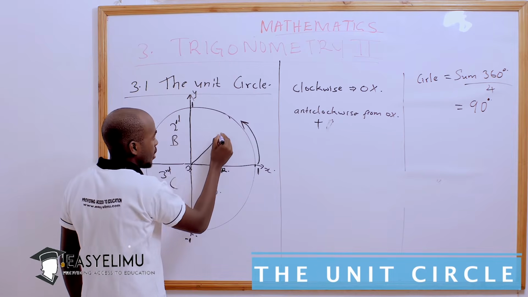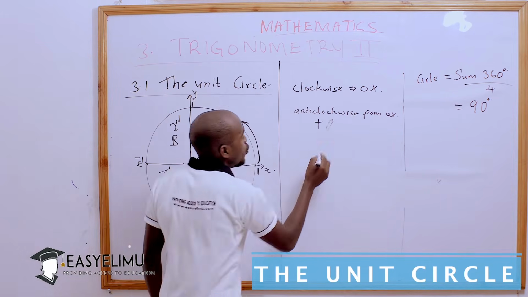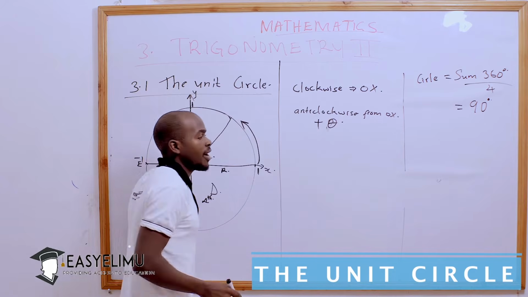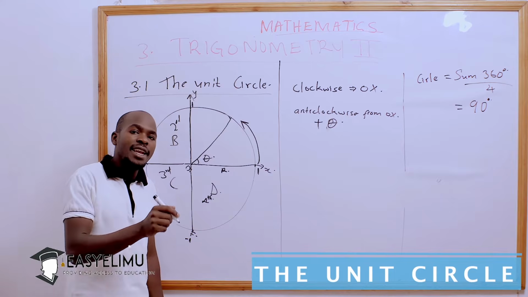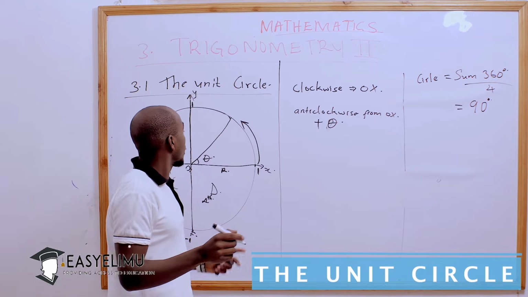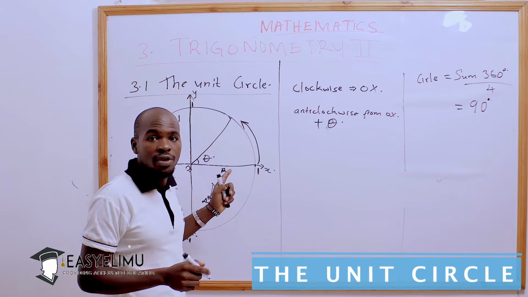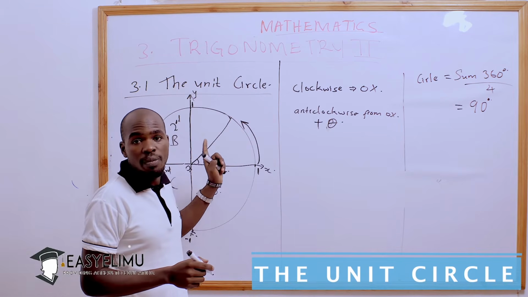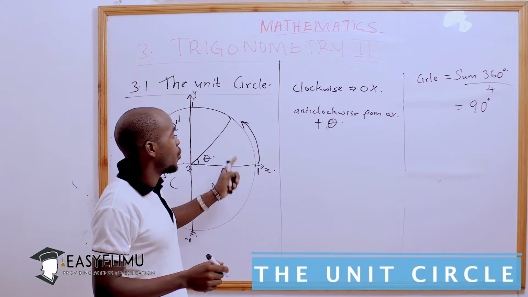Let's say this is angle theta, then we shall have that angle referred to as theta. So if you measure any kind of an angle in a unit circle in anti-clockwise direction, then that angle becomes positive. You are measuring it in a positive way.